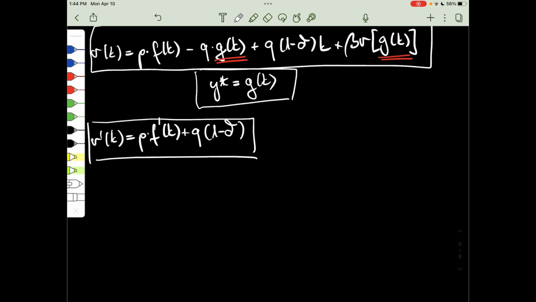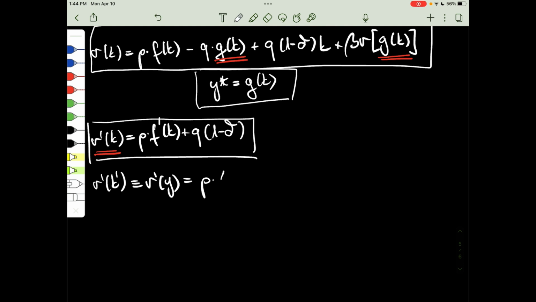We are one step closer to the derivative of the value function, because now we have the derivative function of the value function at k, but this holds for any k, so it holds for k prime too, which is the same as this function we are looking for.